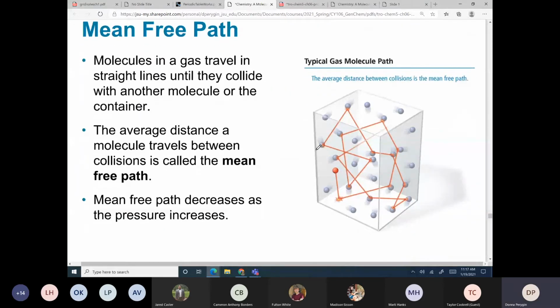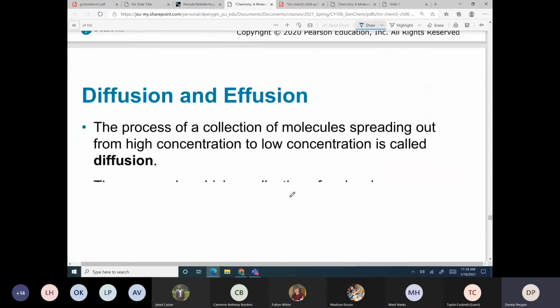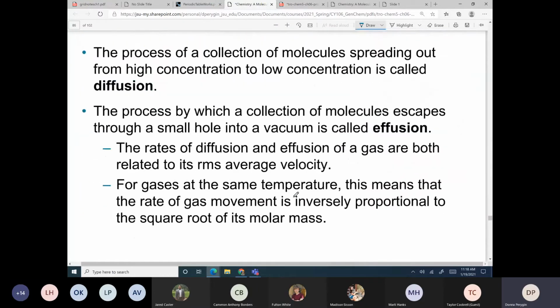The mean free path says that molecules in a gas travel in straight lines until they collide with another molecule or the container, okay? The average distance a molecule travels between collisions is called the mean free path. The mean free path decreases as the pressure increases, which kind of makes sense. They're going to be more likely to bump into each other. So we have these two different topics that segue into diffusion and effusion.